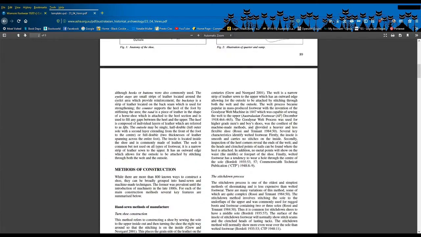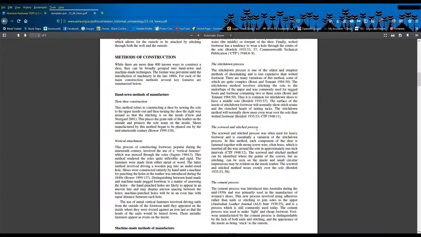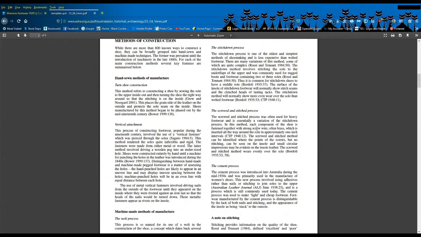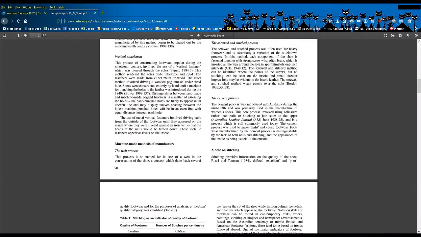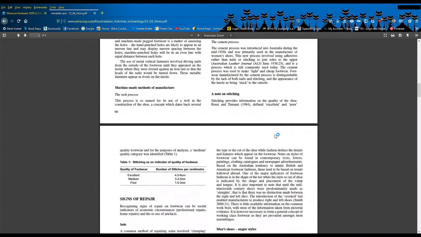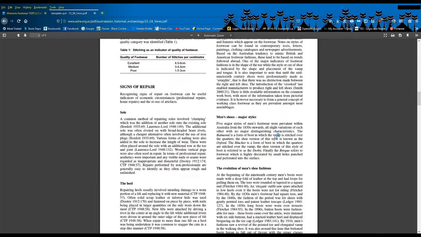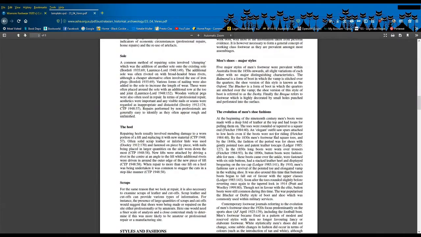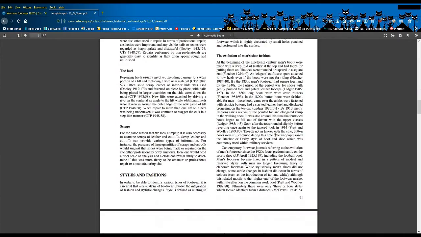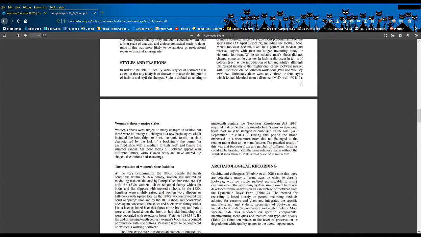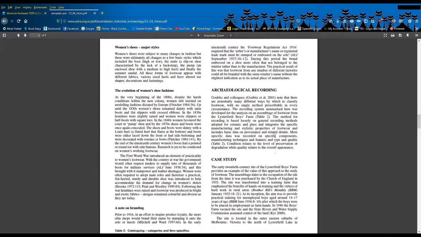Now, this one is a PDF. This is actually shoe archaeology, like looking at the way that things were made and how they were made at specific periods to understand what you're digging up out of the ground. Now, this again is something that you probably look at when you want to know about this, that, and the other about shoes.